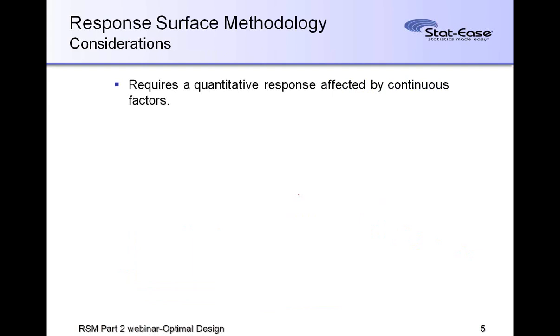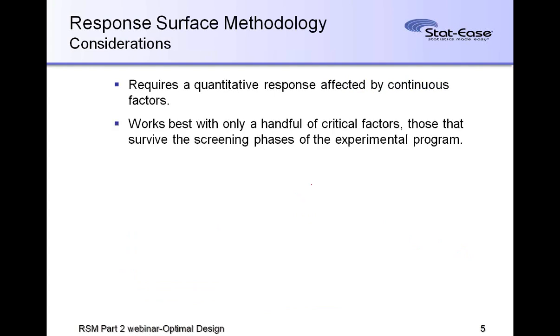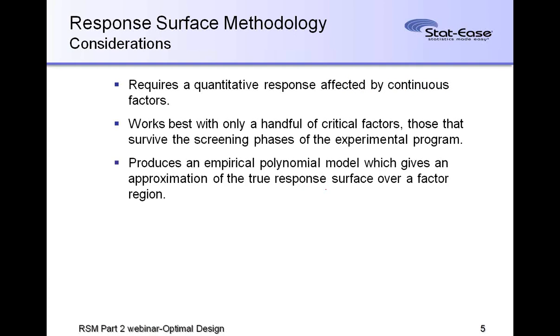So some considerations you have when you're doing a response surface design is that it requires a quantitative response affected by continuous factors. It works best with only a handful of critical factors, as I was saying, and after you screen out all those factors that really aren't so significant, that's when you want to use RSM. We're going to produce an empirical model which will give you an approximation of that response surface, and you can fit, like I said, a peak or a valley with that quadratic model.